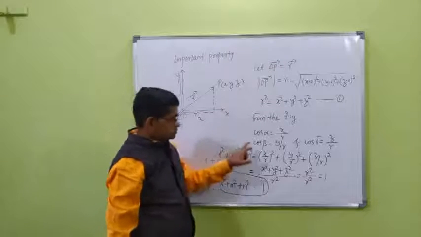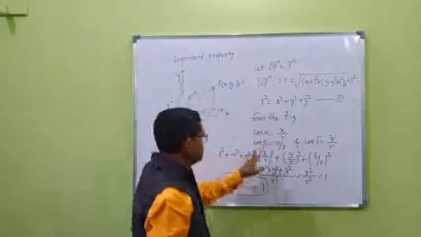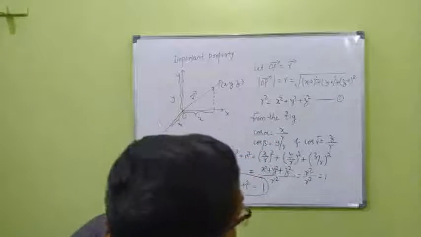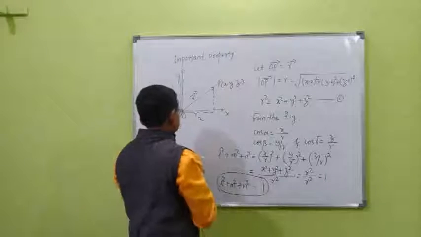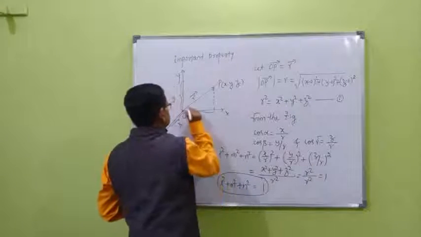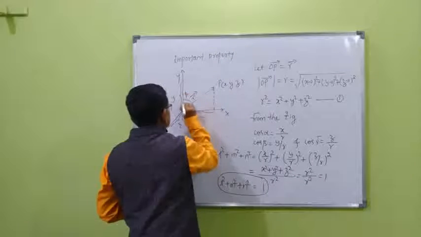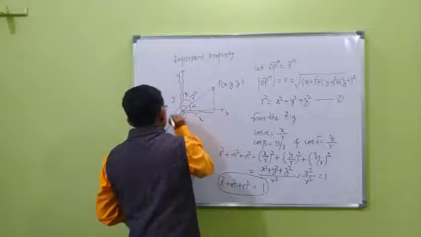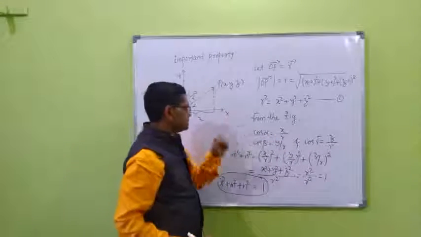Then cos alpha is equal to x by r, cos beta is y by r, and cos gamma is z by r. As you know, these are the angles alpha, beta and gamma.